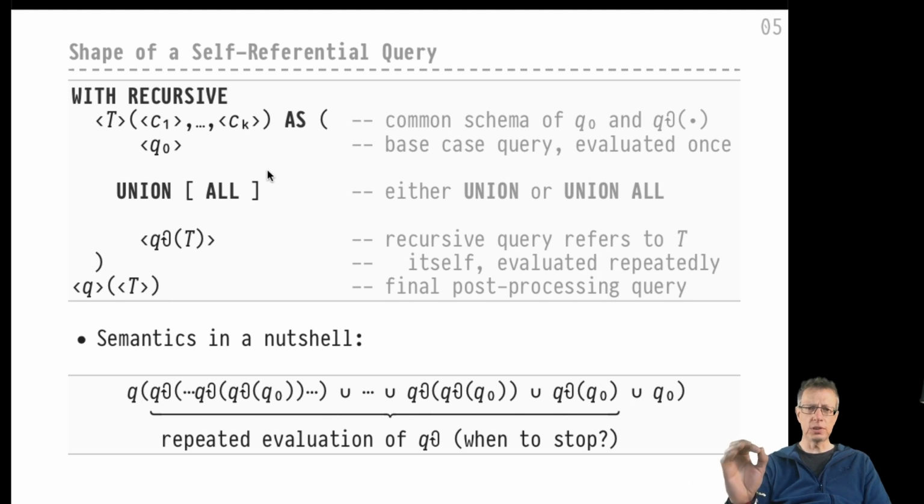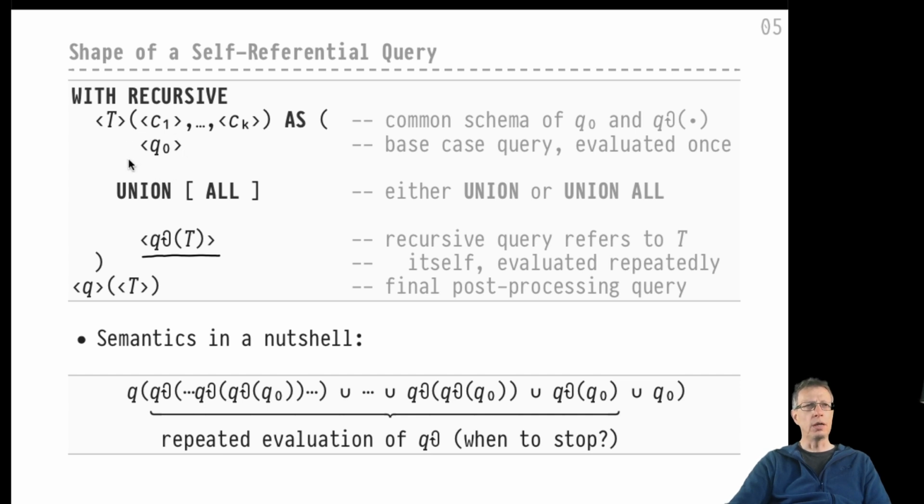All of the rows that Q0 will be emitting are part of the result of the with recursive defined table T. Then also the Q loop, the Q iterative, the Q recursive part of the query is being evaluated, since at this particular point we already have produced some rows using Q0.